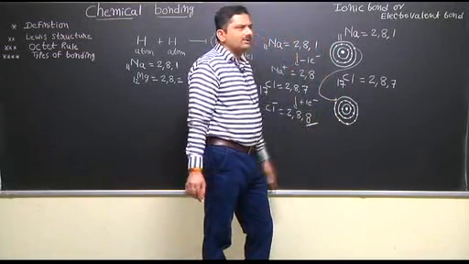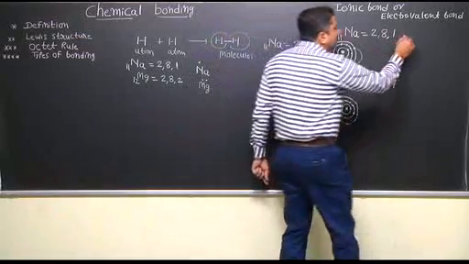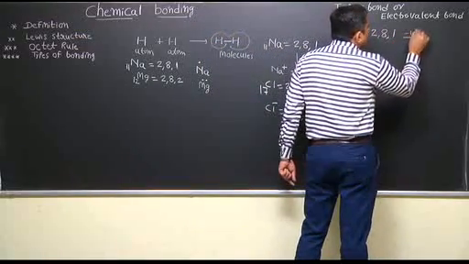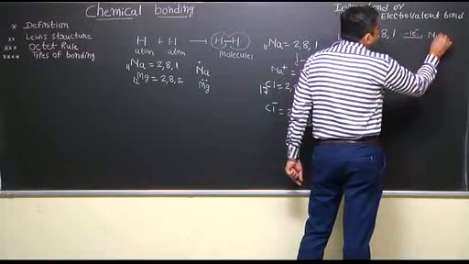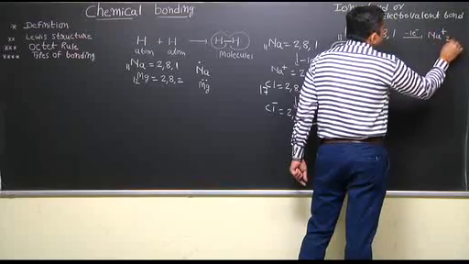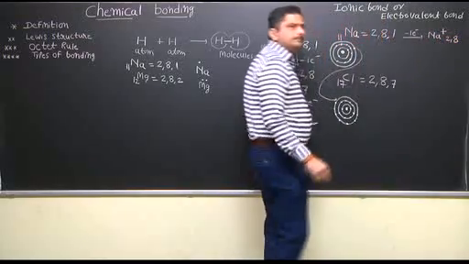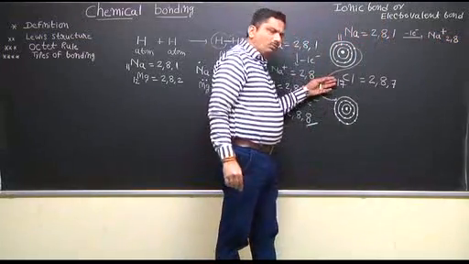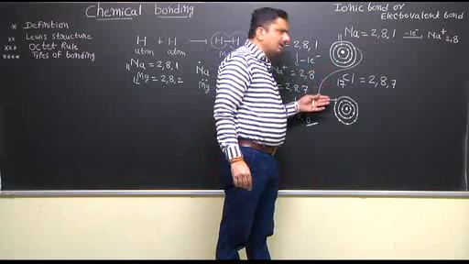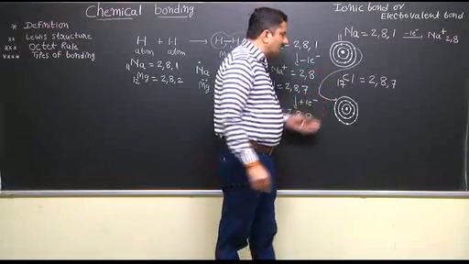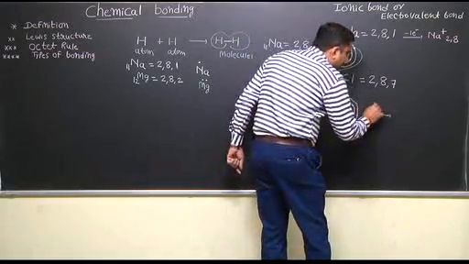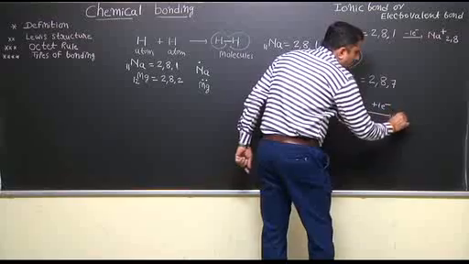After donation of the electron, it forms a cation, while the chlorine atom accepts one electron and forms a chloride ion.